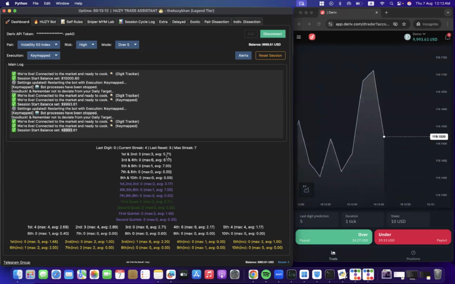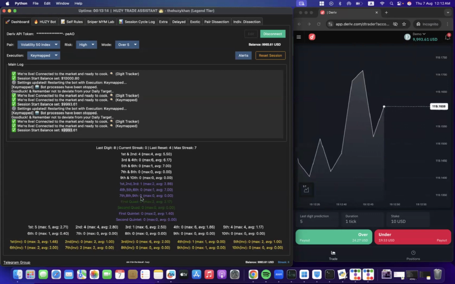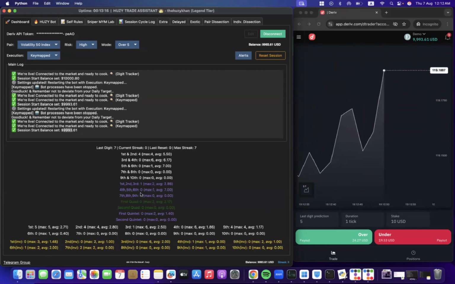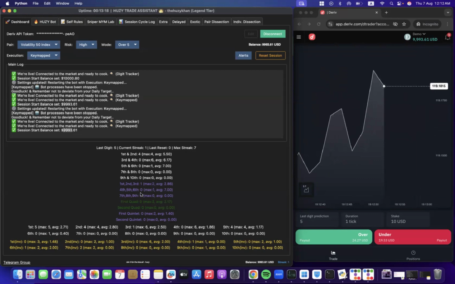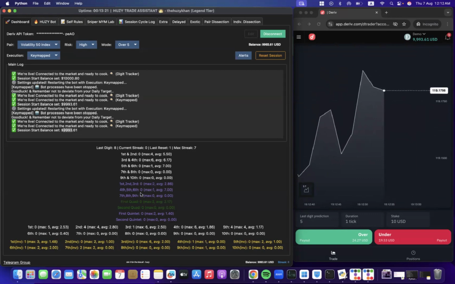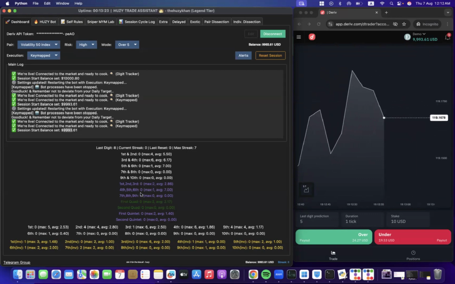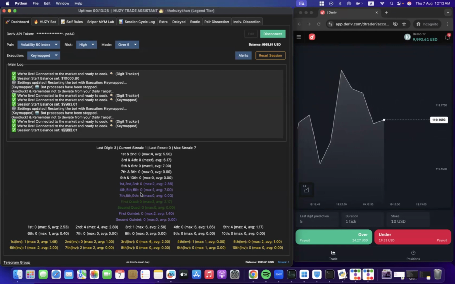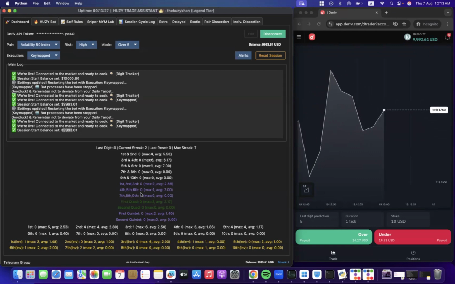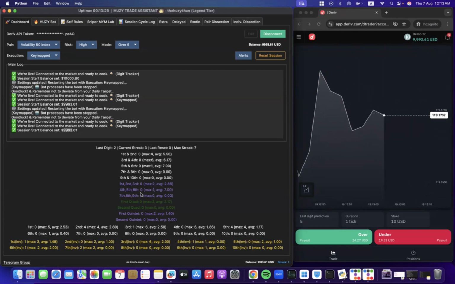Like all of these counters you see over here, they have their maximums, they have their averages, they have their worst case scenarios. So based on top of that, you can create a better sense of judgment when executing your trades while trading options at Deriv.